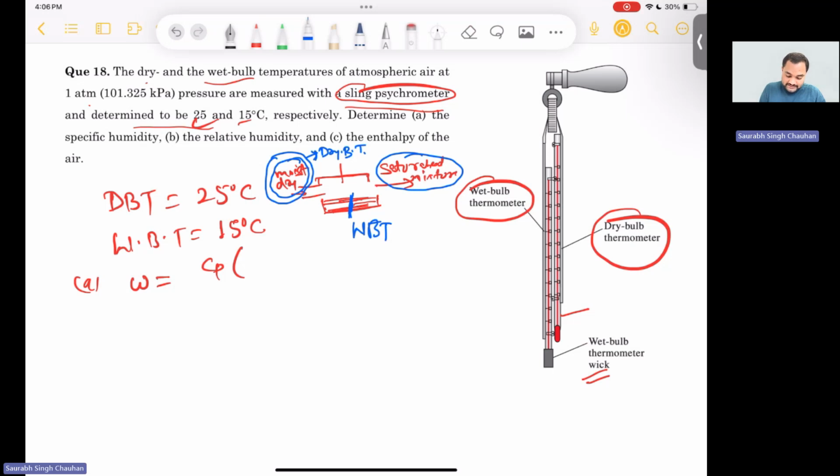So from the mass balance of mass flow rate of inlet mixture, mass flow rate of this mixture at exit, and how much water is evaporated using the energy balance, you will get this relation. And I think this is explained in the lectures, or otherwise you can refer to any standard textbook, you will find this relation.